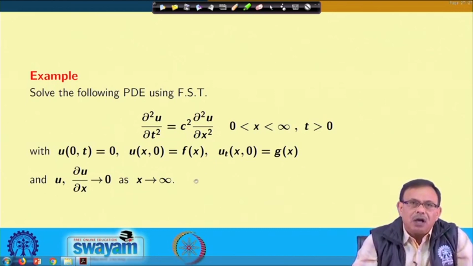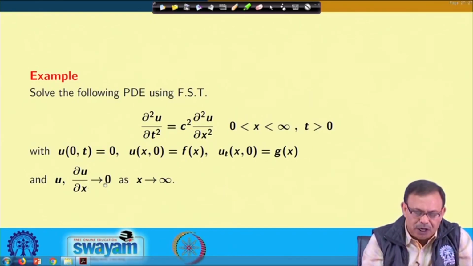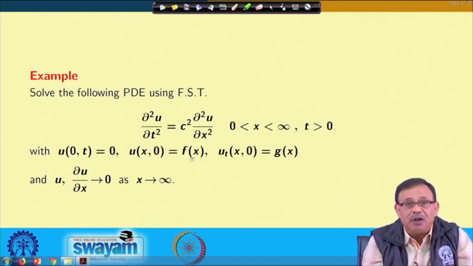From the conditions, it is quite obvious that I have to use the Fourier sine transform with respect to the variable x only, because u and del u del x both are approaching 0 as x approaches infinity. Here also we have taken a similar function.